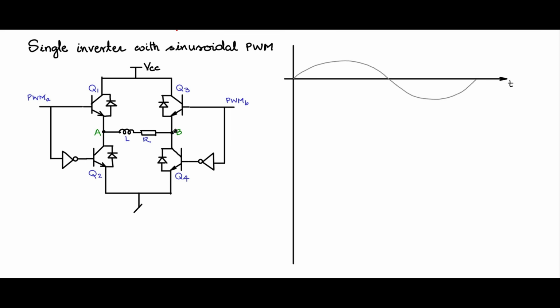Now across AB, after filtering, we would like to have a sine wave shape like that. So let us compare this sine wave with a carrier. The carrier is a triangular carrier.